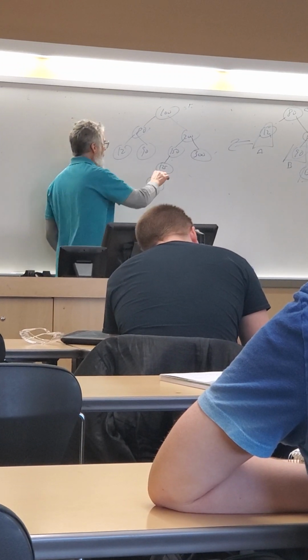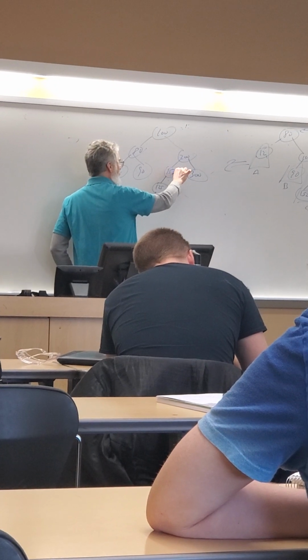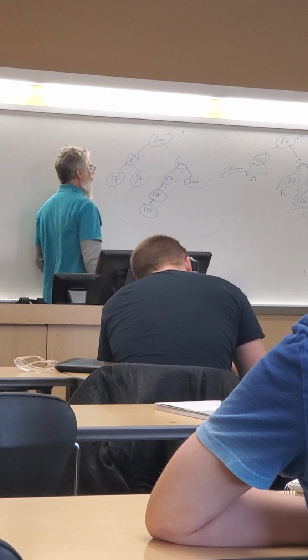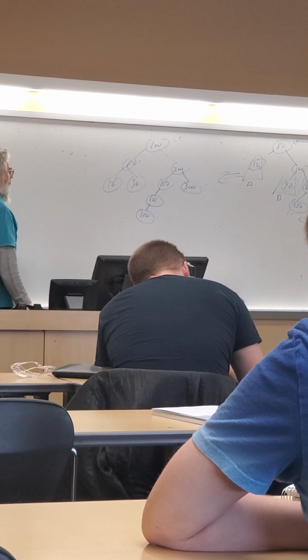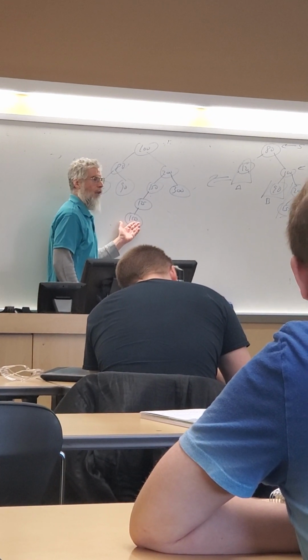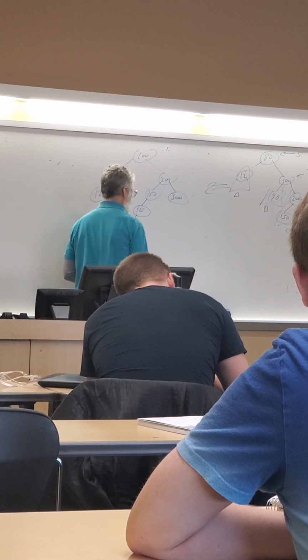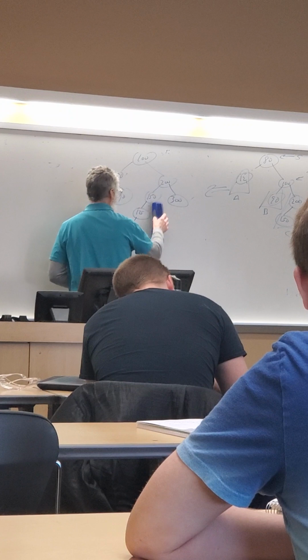We work our way back, in balance, out of balance. The left side is 2 taller than the right. This is the smallest case of our left-left single rotation. All right, so I'm just going to do this in place here.